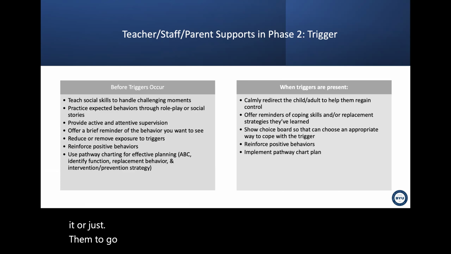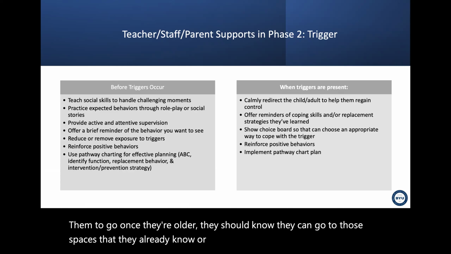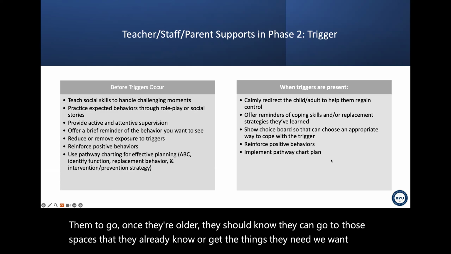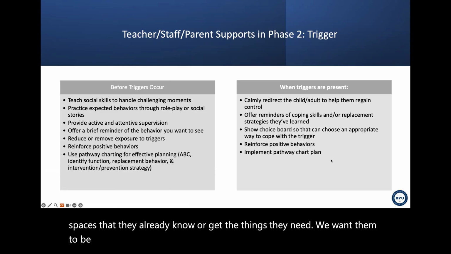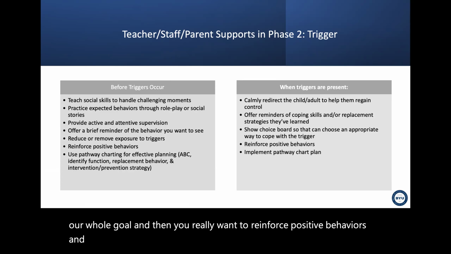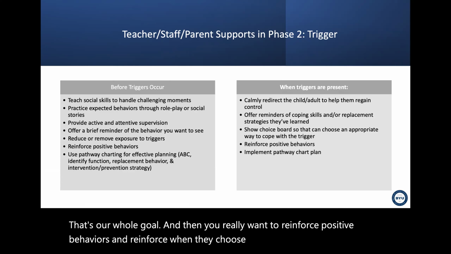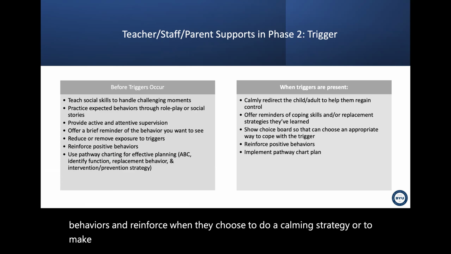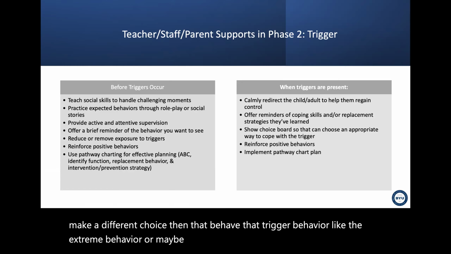Once they're older, they should know they can go to those spaces that they already know or get the things they need. We want them to be able to get to a point where they can do it independently, right? That's our whole goal. And then you really want to reinforce positive behaviors. When they choose to do a calming strategy or make a different choice, instead of the extreme behavior, like throwing themselves on the ground, they go to the board, they point to something, they do it.